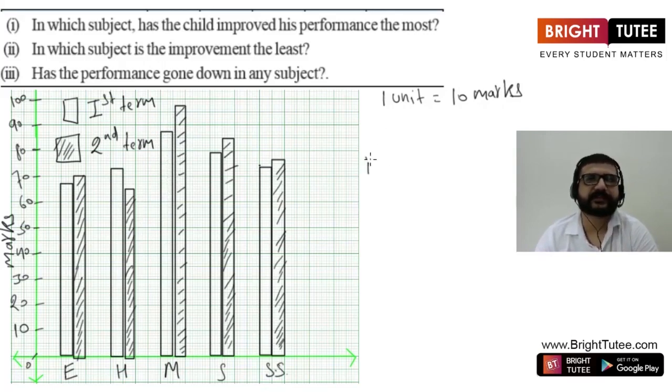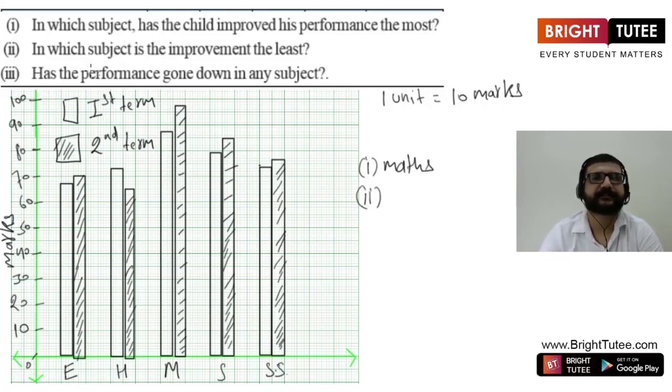So the answer for the first question will be maths. And the second question is, in which subject is the improvement the least? Now as we can see, the difference between the heights of the non-shaded bar and the shaded bar is minimum in social science. So it will be social science.